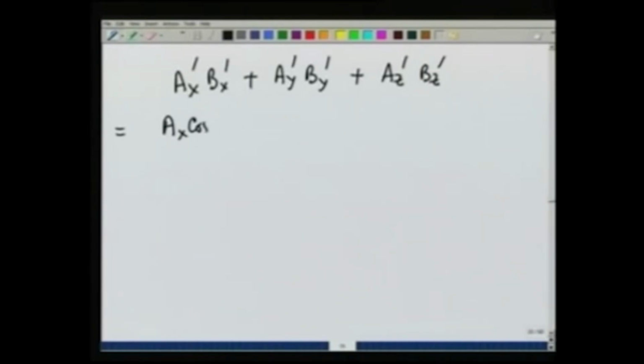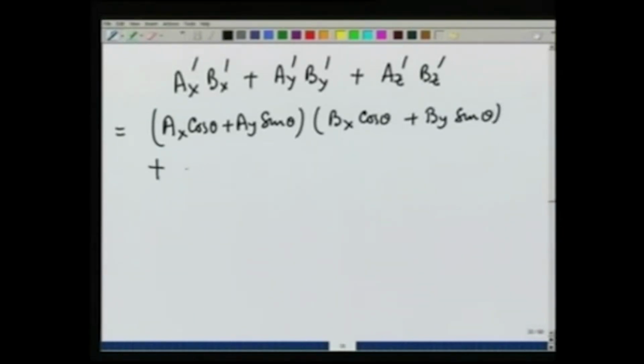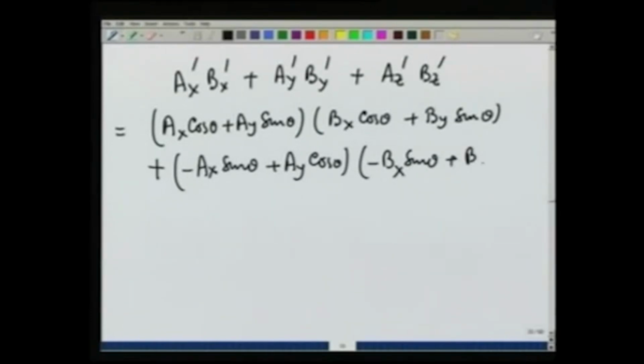ax cosine theta plus ay sin theta times bx cosine theta plus by sin theta plus minus ax sin theta plus ay cosine theta times minus bx sin theta plus by cosine theta plus az times bz.